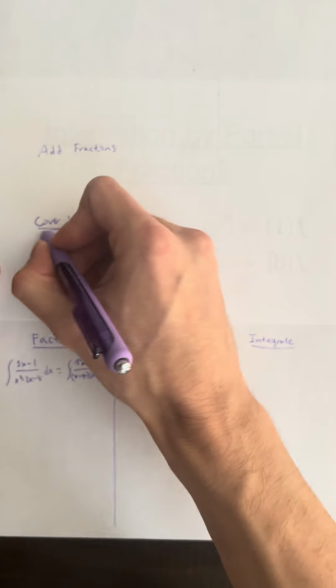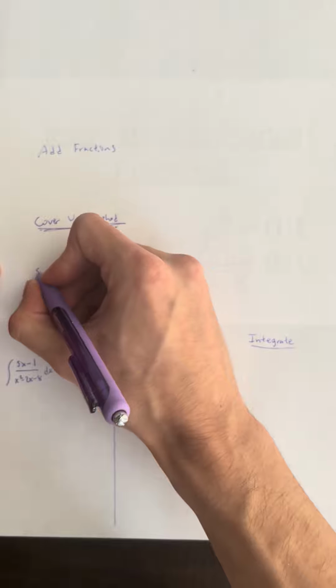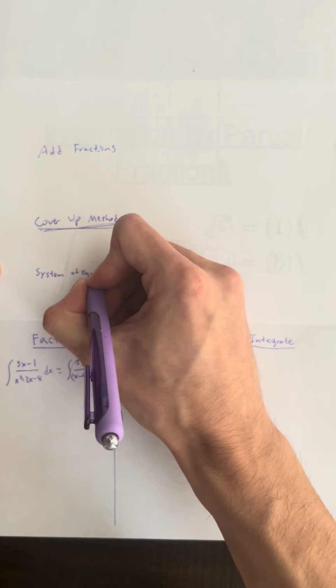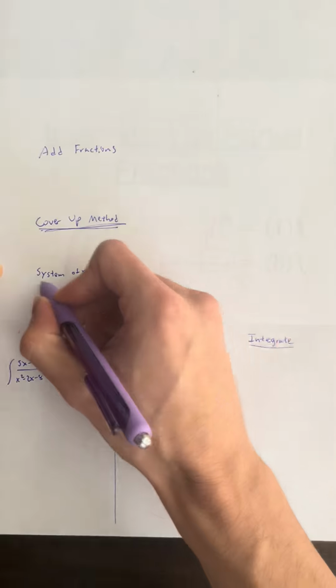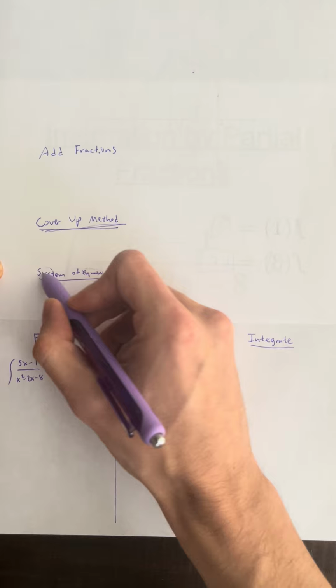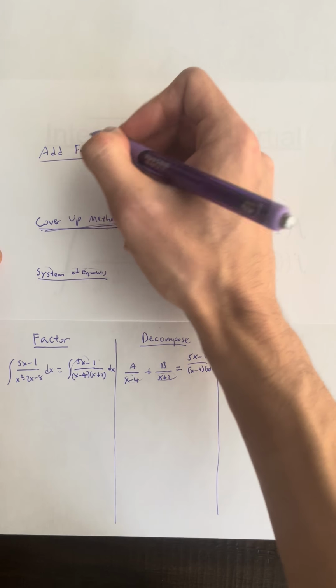We'll try this. If this doesn't work, you may have to use a system of equations. But that's for another video. You don't have to worry about it today. Okay.